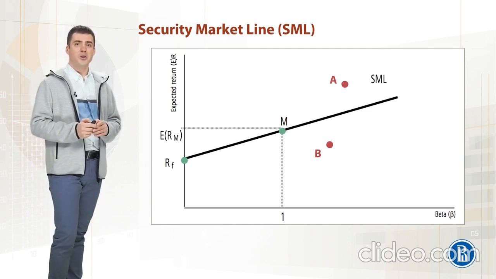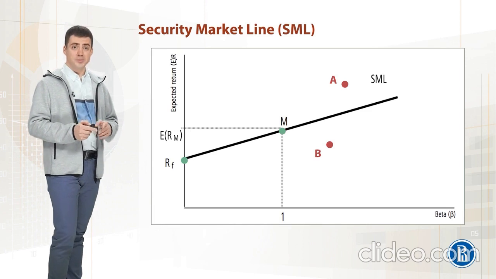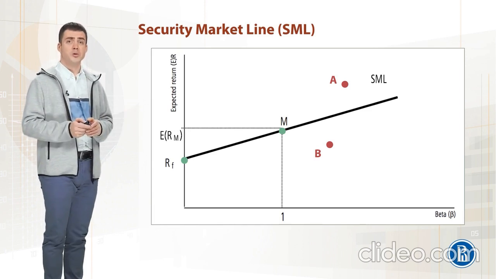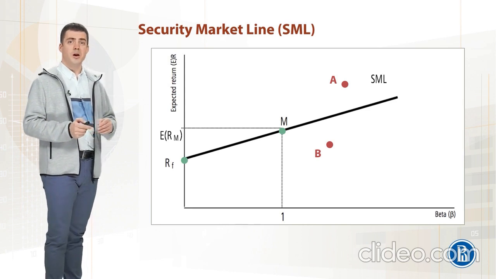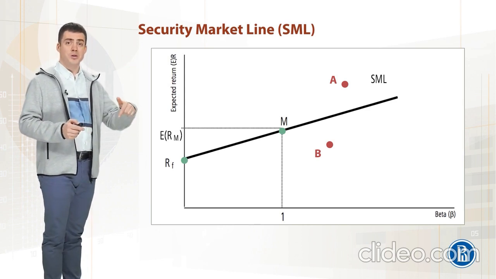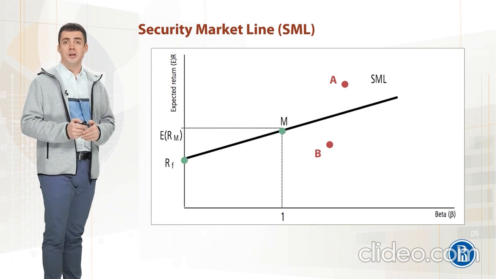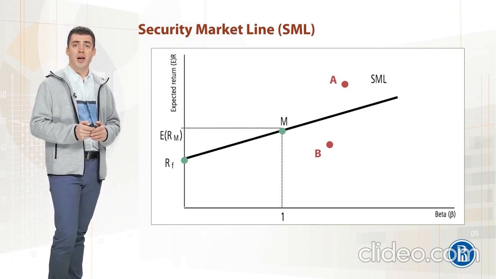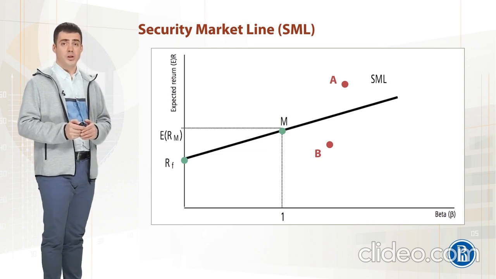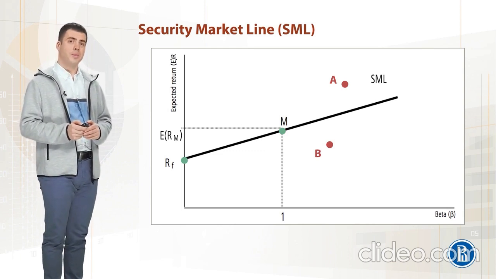As stock A increases in price, its potential return will be going down, thus moving this stock back to the SML until it reaches that line.